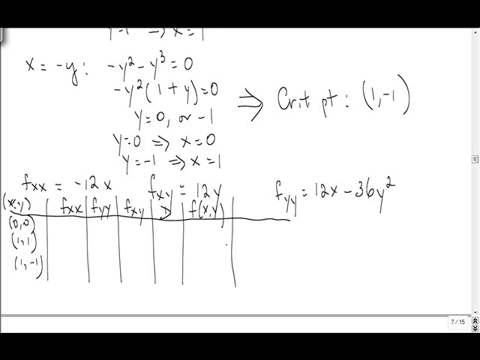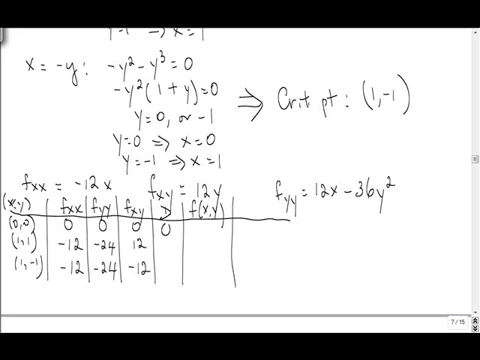So doing the same substitution, fxx is 0, minus 12, minus 12. fyy, which is 12x minus 36y squared, is 0, minus 24, minus 24. fxy is 12y: 0, 12, minus 12.